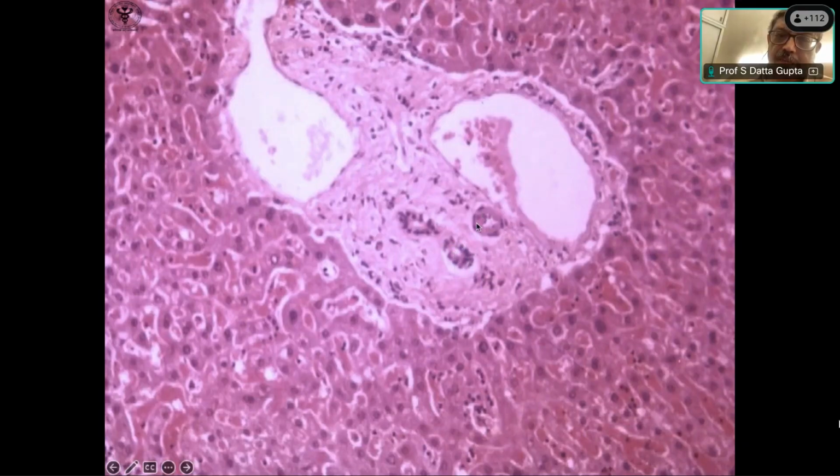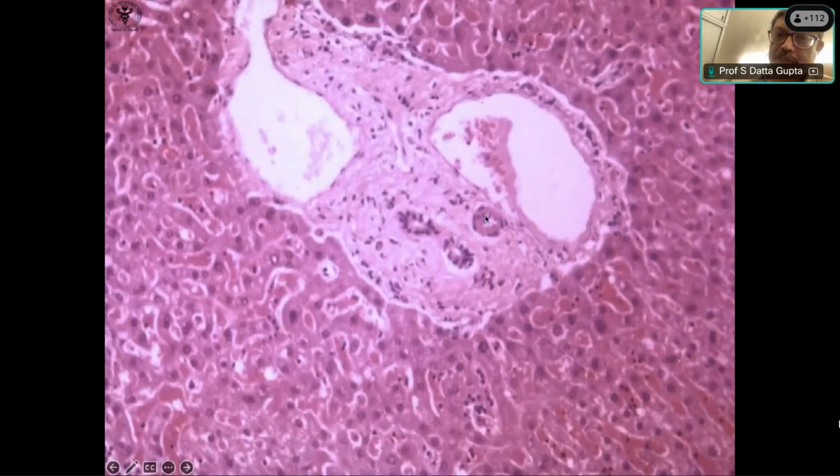Now the hepatic artery and bile duct embryologically grow together just like two fingers close to each other. They are so tight. So in the liver, if you see a hepatic artery, a bile duct is invariably adjacent to it.